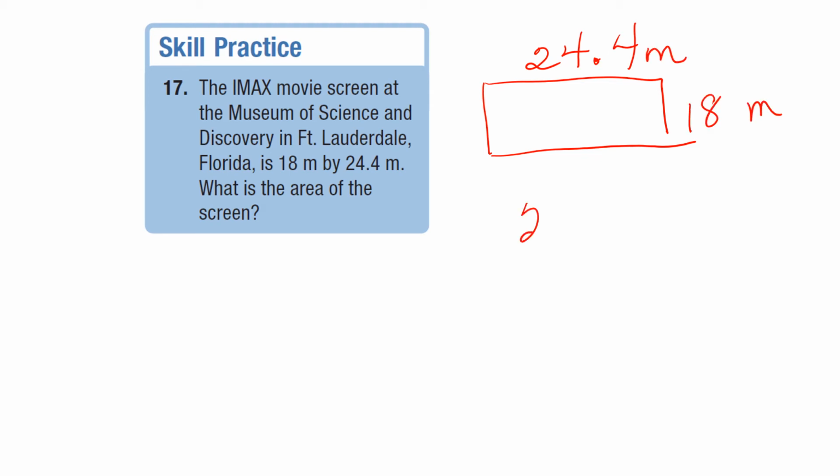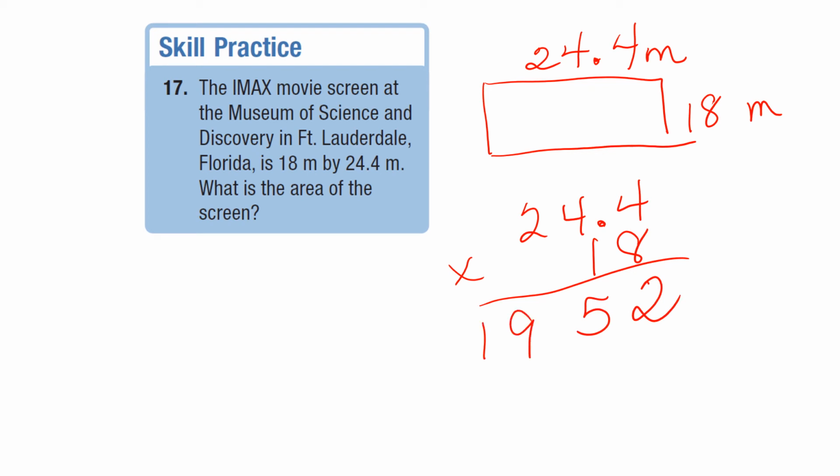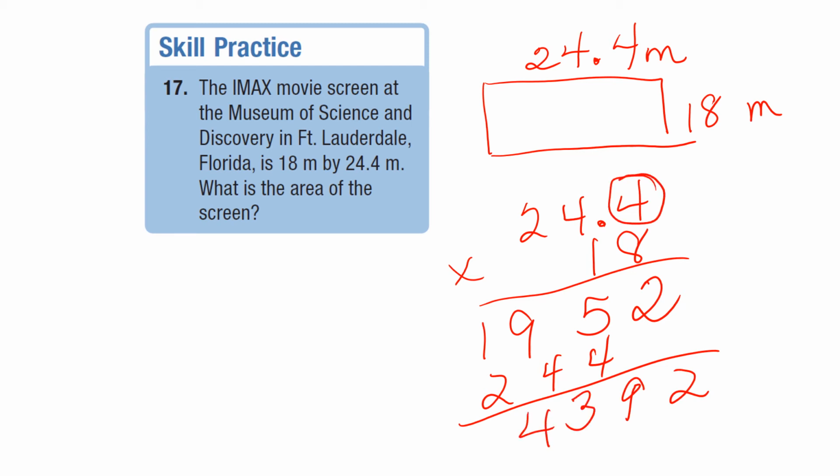So I'm going to multiply 24.4 meters times 18 meters. And again, 1 decimal place in the factors, so 1 in the product. 439.2 meters times meters is square meters.